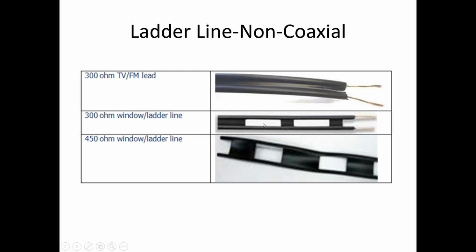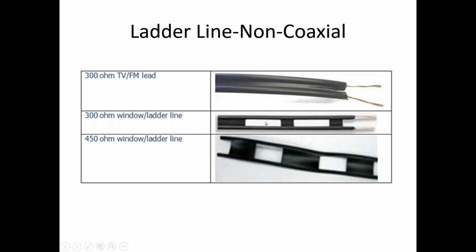Now let's point out that there is something called non-coaxial cable. We refer to this generally as ladder line. Ladder line is also called balanced line. There's an equal amount of voltage in both of these conductors, which does not exist in a coaxial cable, where all of the voltage is in that center conductor. But if that's the case, where's the dielectric? Here's the dielectric.